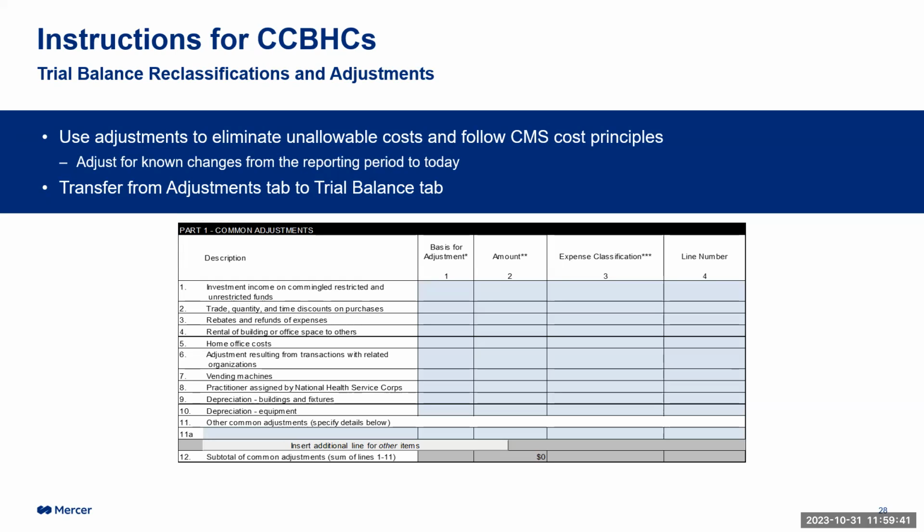You have rebates and refunds of expenses, home office costs, depreciation. So there are specific items on those links at the beginning that have CMS cost reporting principles. So to the extent you read through that and say, okay, I need to make an adjustment on my expenses, this is really where they're going to go.